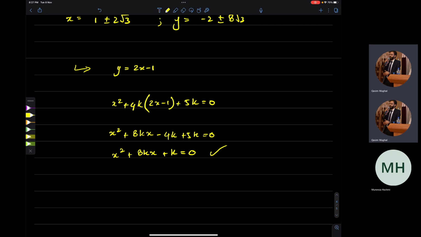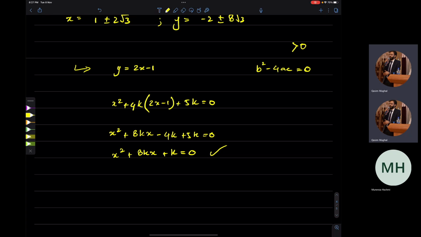Find the value of k. Now the examiner wants you to find the value of k. All right. Okay, now given that this thing has equal roots. Now, when do we have equal roots? When b squared minus 4ac is exactly equals to 0.